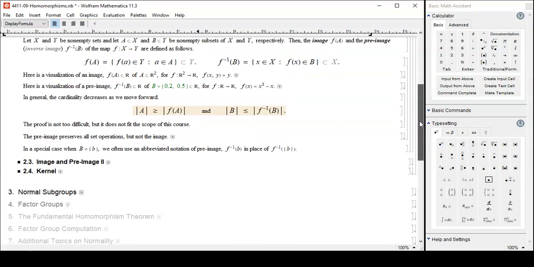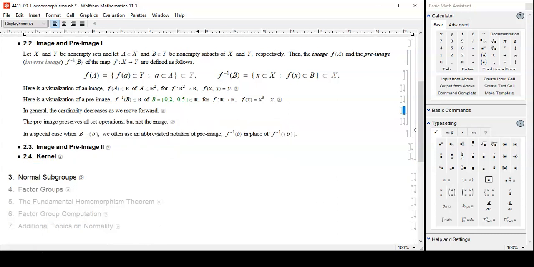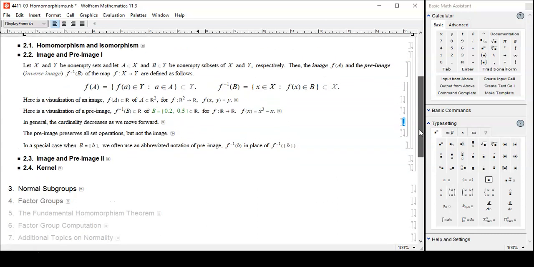Moving forward, cardinality decreases. So if you move backward, then cardinality may increase, or they may stay the same. Again, the same comment. Proof is not too difficult, but this is algebra, so I'm not going to bother. And if you're interested, you can go back and restudy and review that Introduction to Proofs Plus or Analysis, or maybe you can request a new course in set theory.